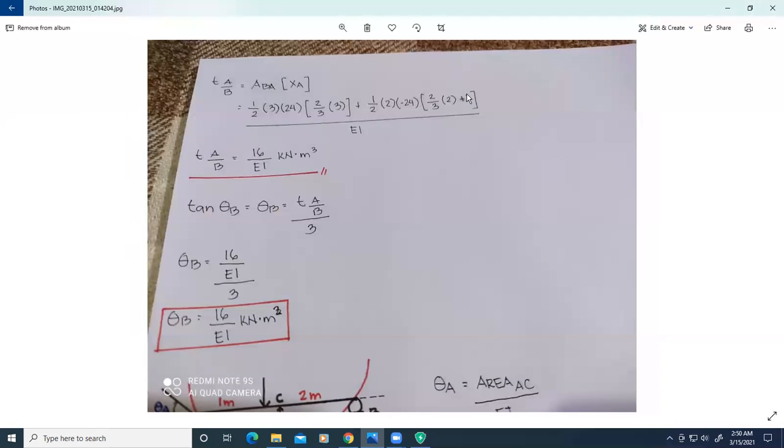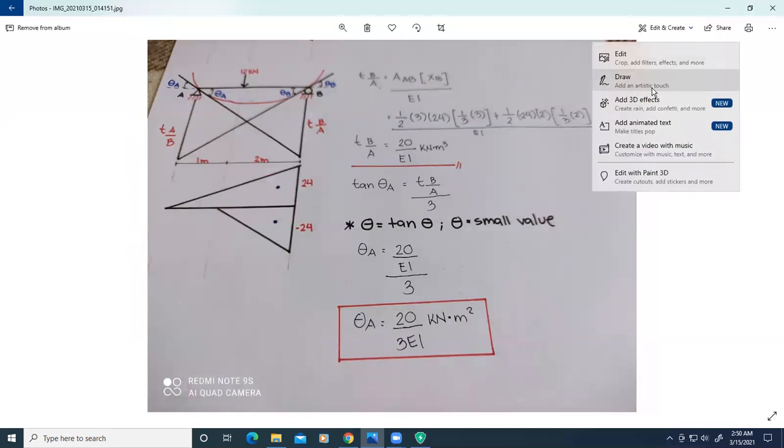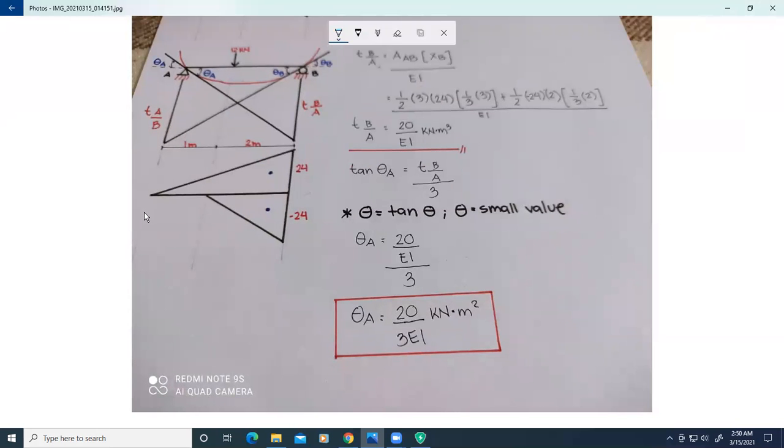This is 2/3 times 2 plus 1 because this is the magnitude, and this is the centroid. So this is 2/3 of 2 plus this distance here, which is 1. We add it because our reference point is at point A.